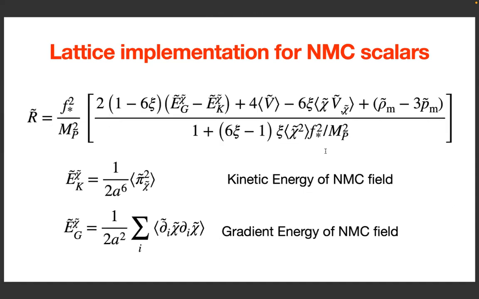Okay, so the Ricci scalar will be computed every time it is needed from the gradient energy, the kinetic energy, and the potential energy of the non-minimally coupled field, this expression here, that is the product of it times the derivative of the potential with respect to the chi field, and here is basically the source due to another matter sector that could be there.